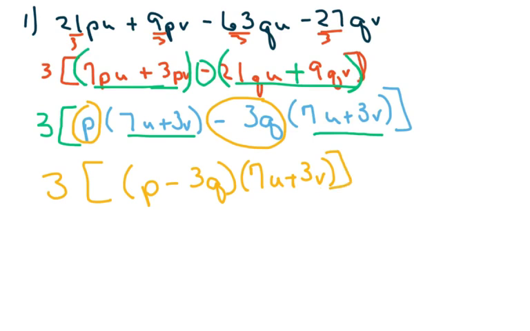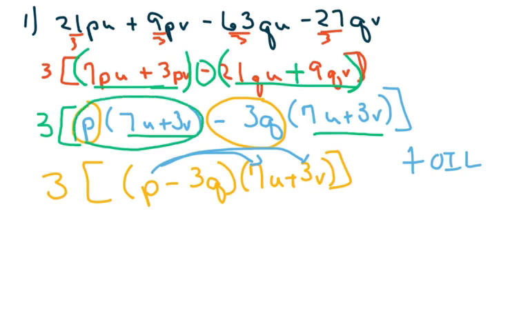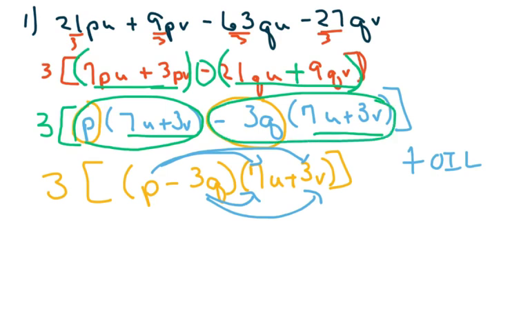I have another video on factoring by grouping, but just remember that when you use FOIL, this would be first and outer, which is this piece right here, and then we have inner and last, which would be this piece right here. So that's factoring by grouping.